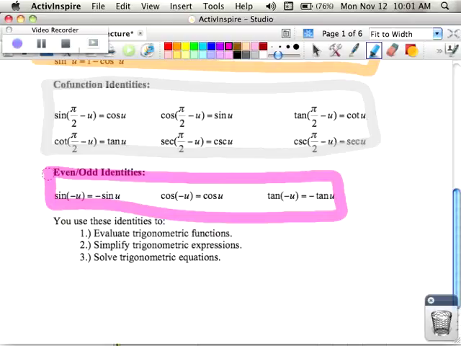If you put in the opposite of something and you get back the same thing you started with, that's an even function. So cosine is even. Down below here, the cosine is the even one, and tangent and sine are the odd ones. Just a reminder, we're not going to be doing a ton with this, but just for your information.